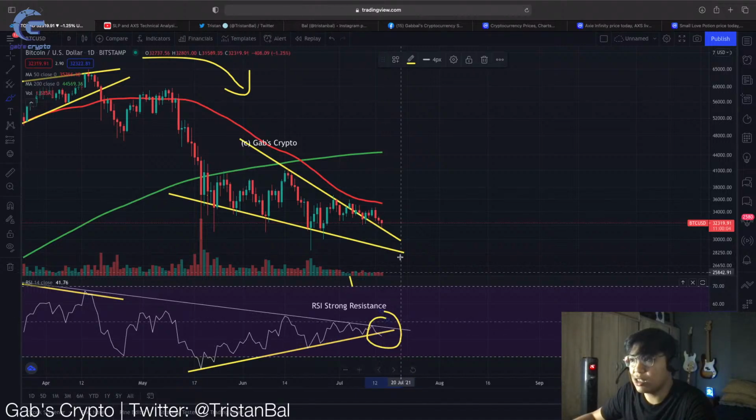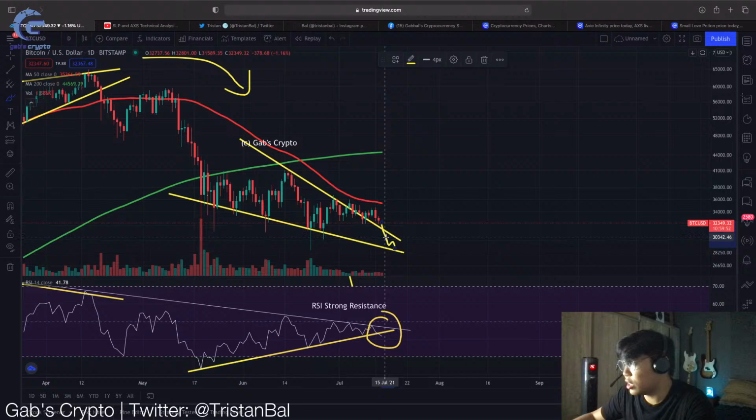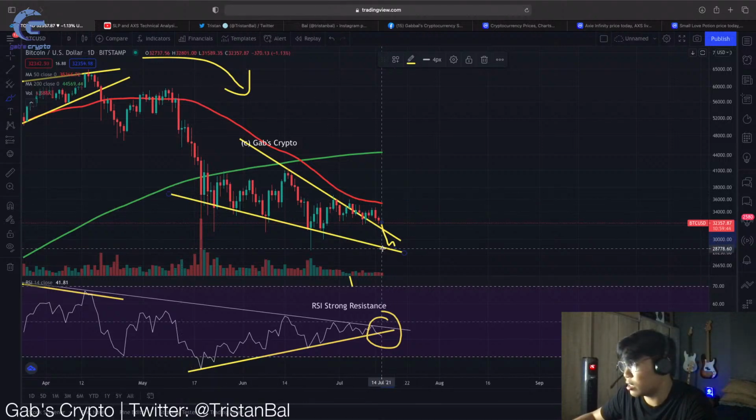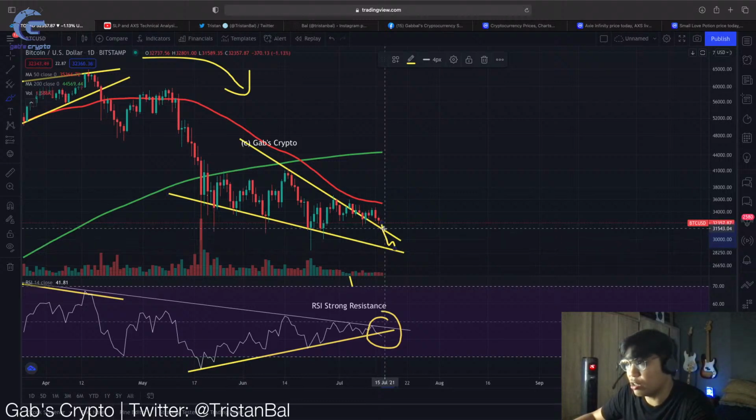So if nag-close siya bukas ng 8 o'clock na ganito pa rin yung RSI, this would indicate na Bitcoin can still go down up to siguro 30K, 30,000 US dollars. Pero itong resistance na nakikita natin, itong support na nakita natin, is actually telling us na pwede pa din siya mag-fall up to 28.7K for the Bitcoin price action if nangyari yun.